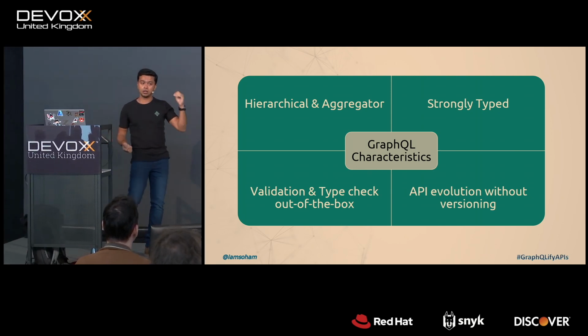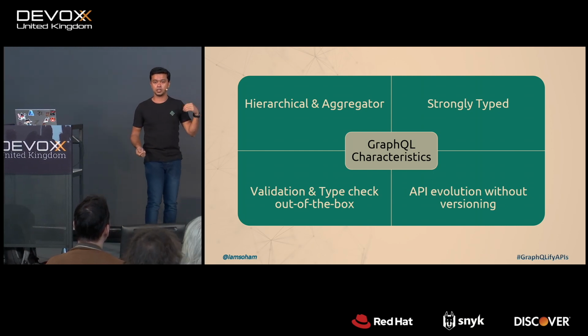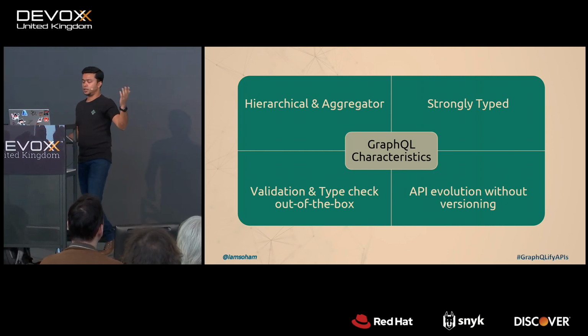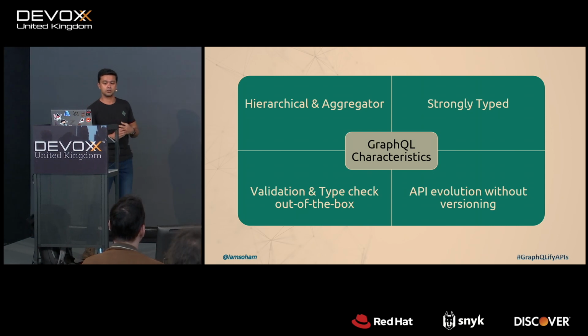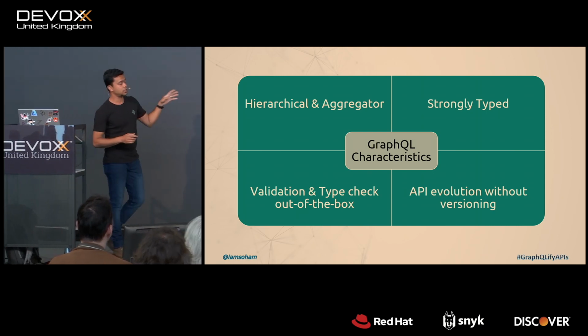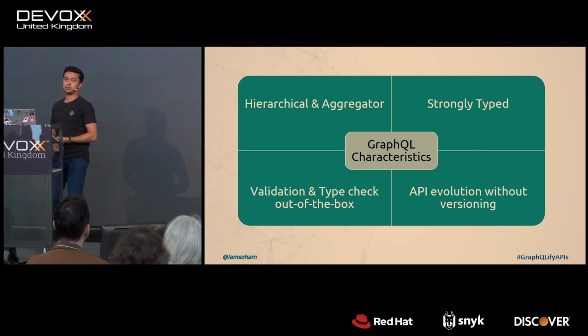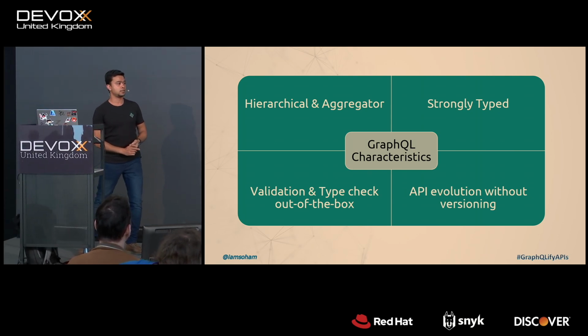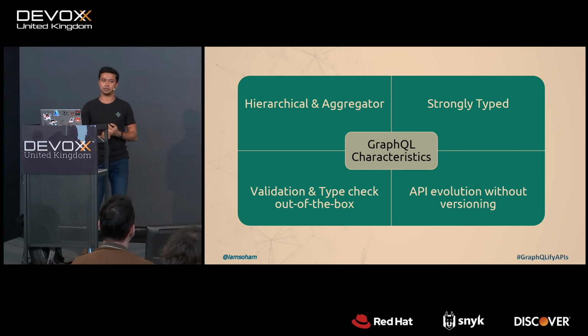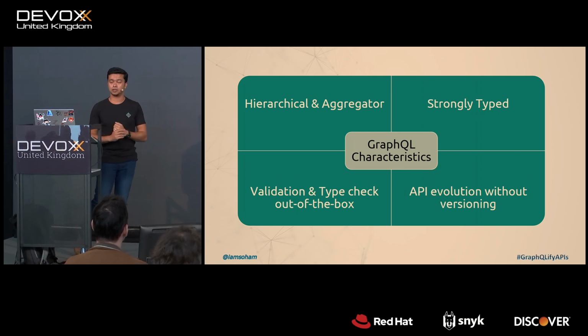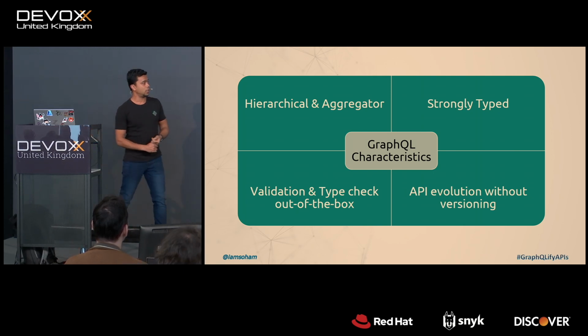And if that doesn't resolve, you get an error back. So there is no guessing on that part. The validation and the type check are out of the box. So you don't need to write anything for whether your request has some kind of weird characters in it. It is done by the framework itself.